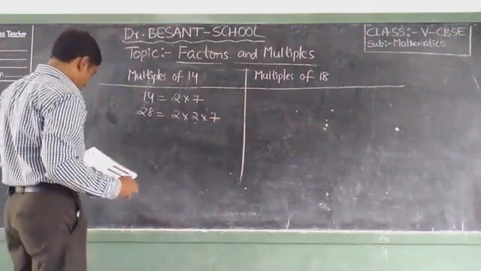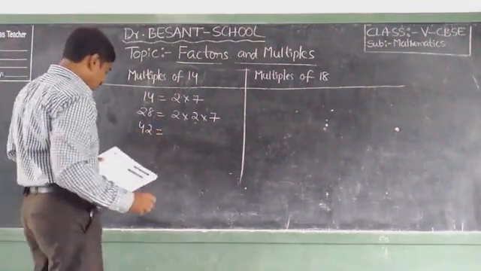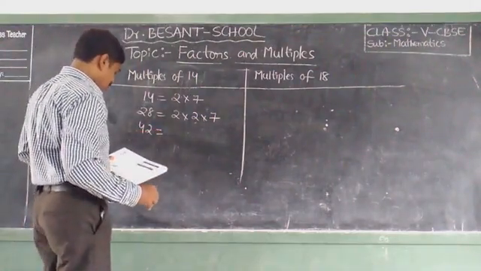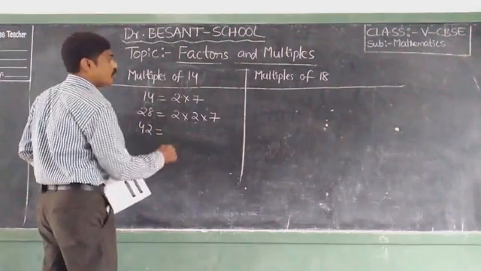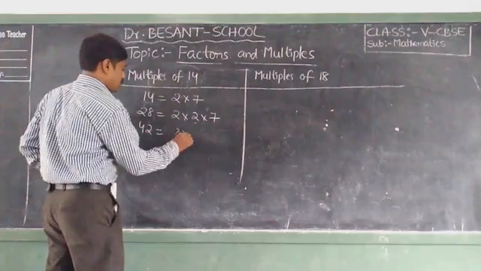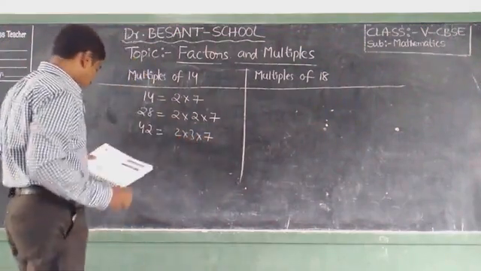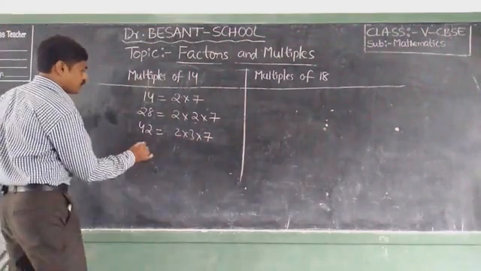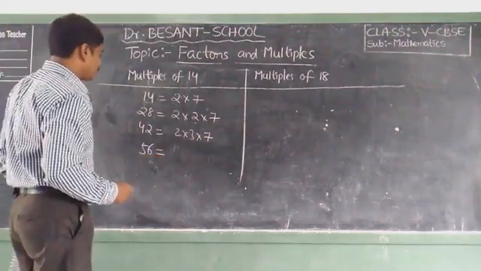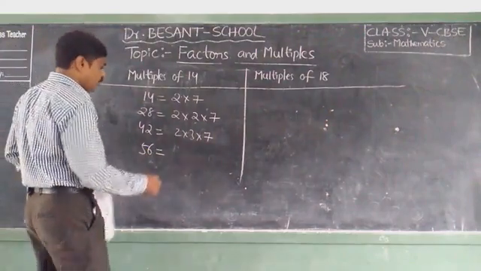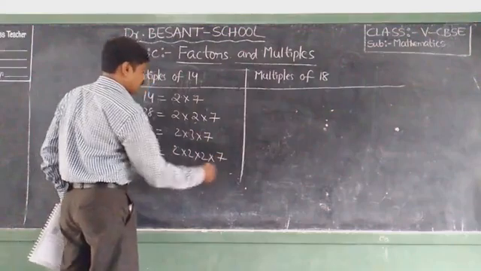Next 42 is equal to 2 into 3 into 7. Okay. Next 56 is equal to 2 into 2 into 2 into 7.